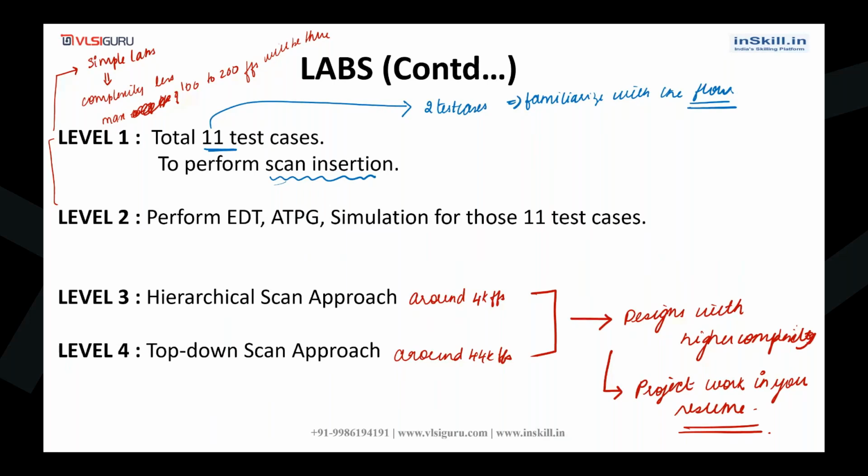The remaining 9 test cases will have DRC violations. I had told you about various scan DRCs while explaining the theory part, like clock controllability, set/reset controllability, potential races, and bus contention.